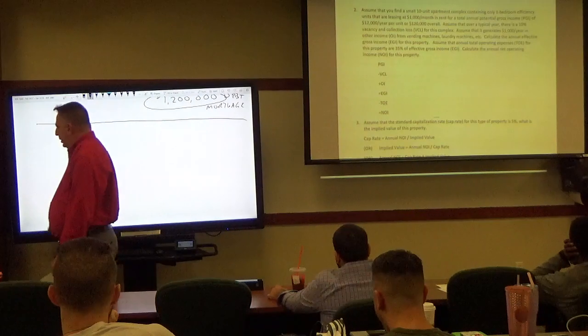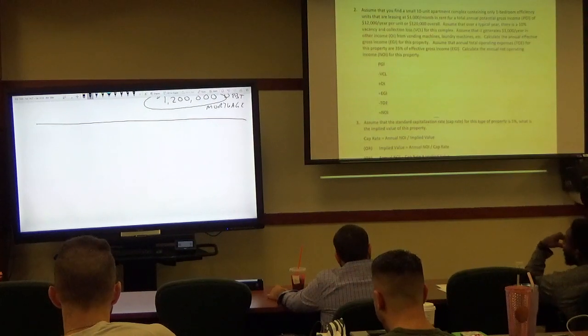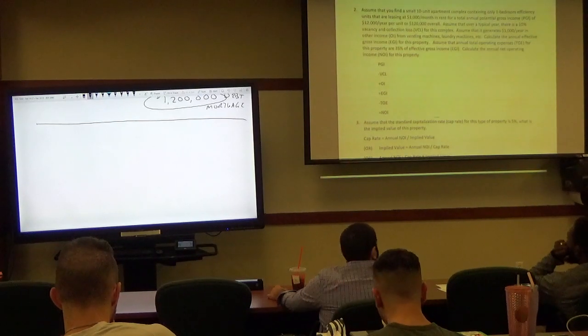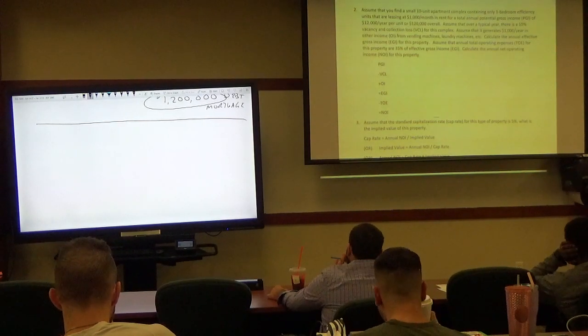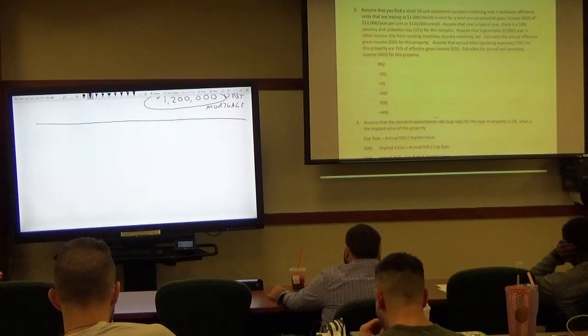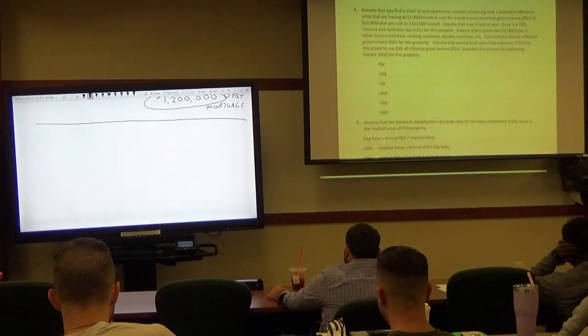Go through the assumptions: a 10-unit apartment complex containing only one-bedroom efficiency units, renting at $1,000 per month, for total annual potential gross income of $12,000 per year per unit, or $120,000 overall.